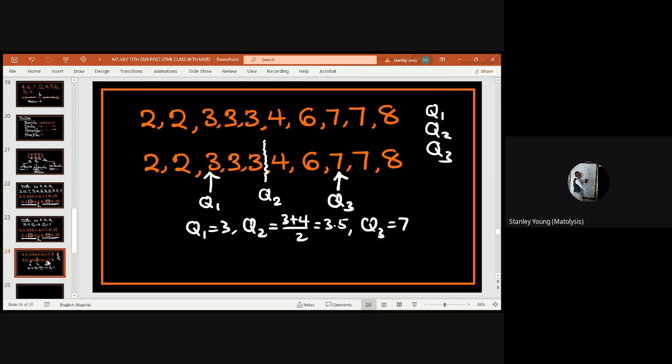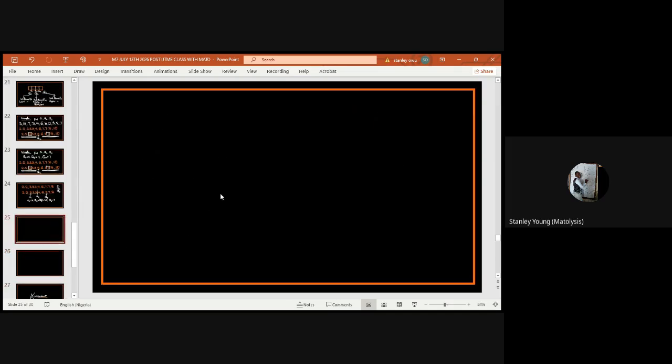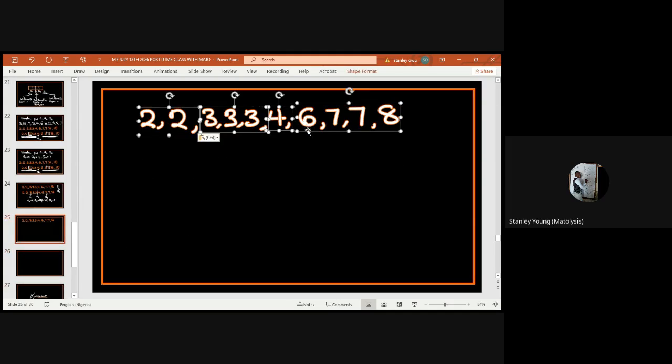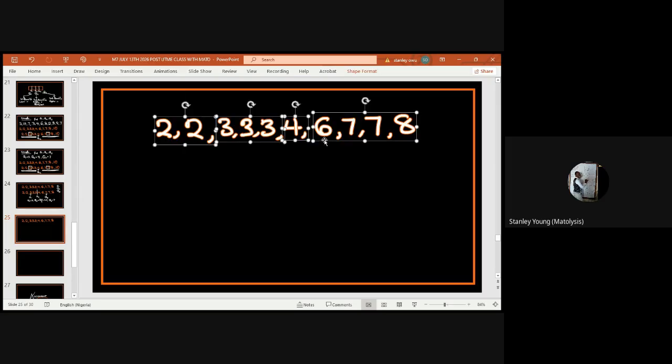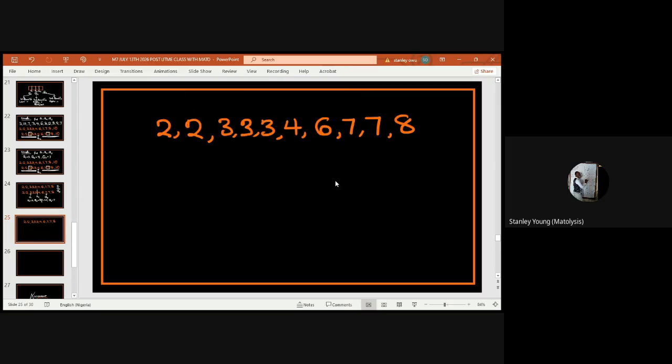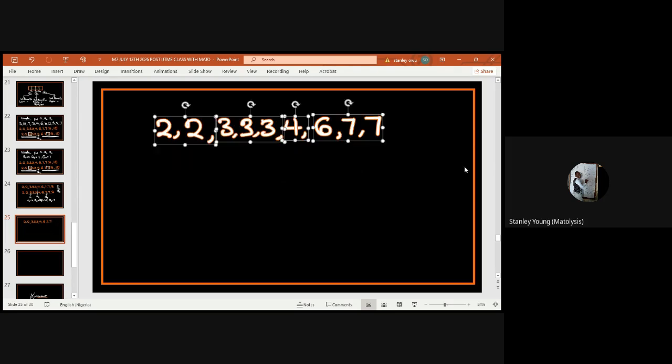Okay. So now let's say we have almost the same set of data, but here I reduce it further and I have this. Can somebody give me the middle data here?